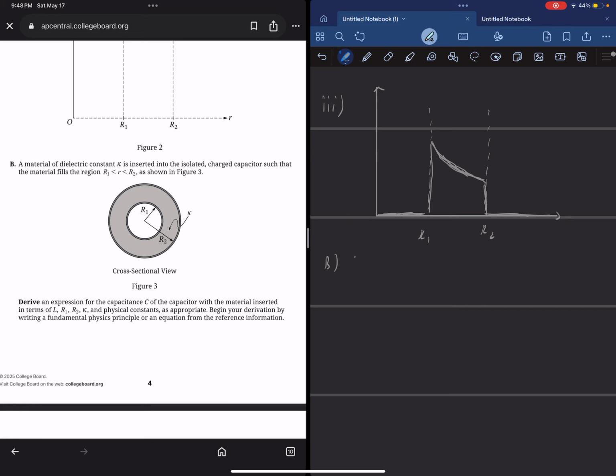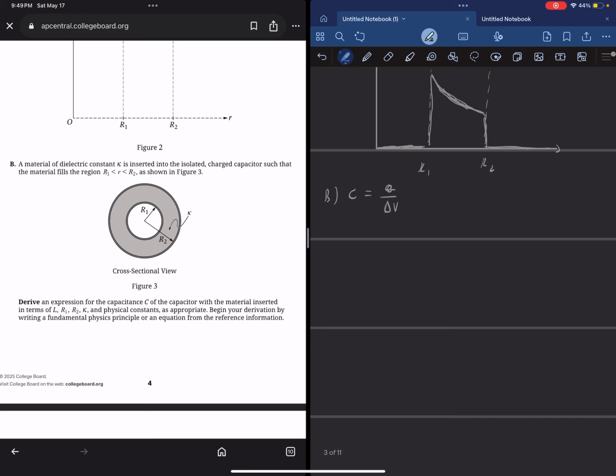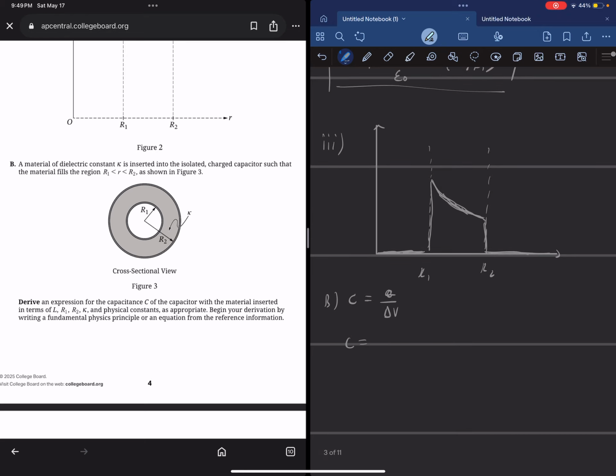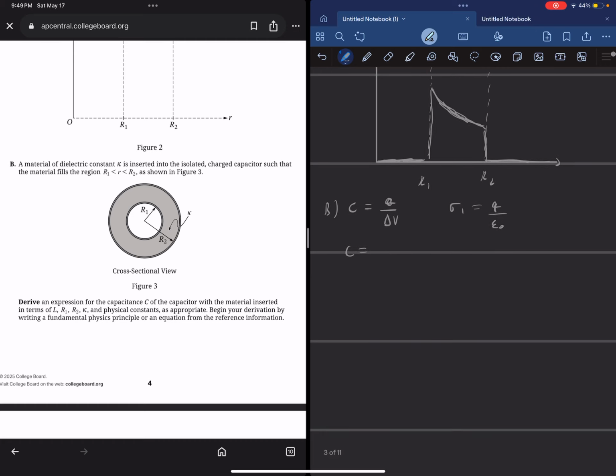So we have C equals Q over the change in V. Your C equals your charge. I mean, sigma 1 equals your charge over, oh, not epsilon sub 0, sorry, area.